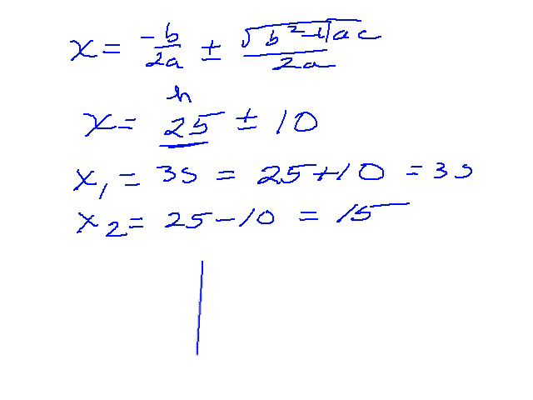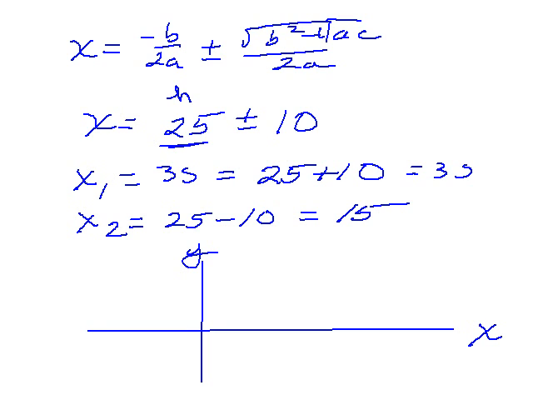Now I'm going to draw the graph for this a little bit. I'm just going to mark on it. So here will be x1 sitting up here at 35, x2 is at 15, and here's the h. Where's h? It's right in the middle between the two roots.